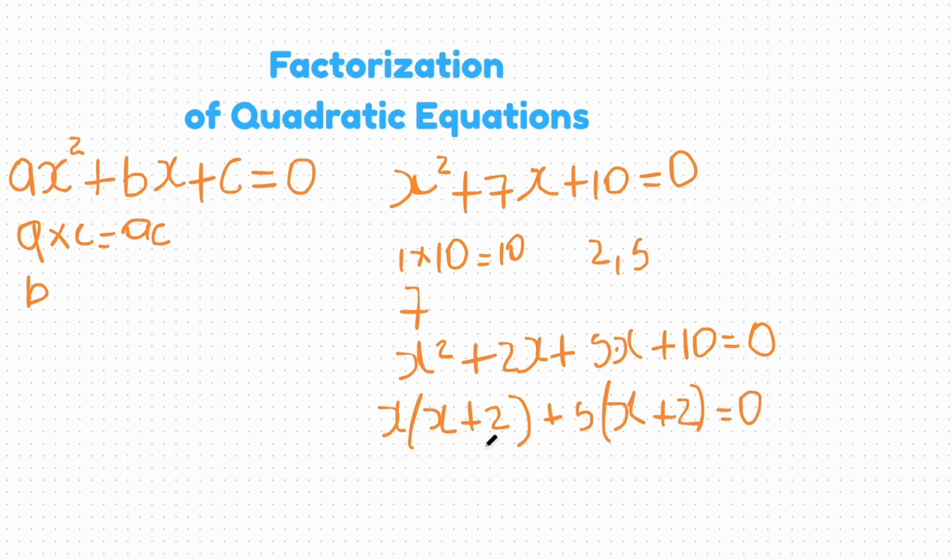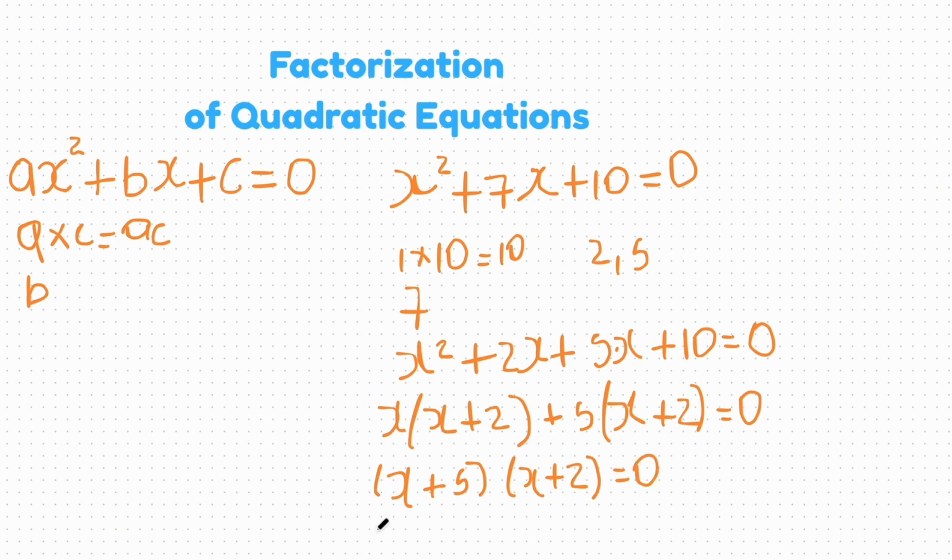And x multiplied by x plus 2, plus 5 multiplied by x plus 2, is the same as x plus 5 times x plus 2. Equate it to 0.